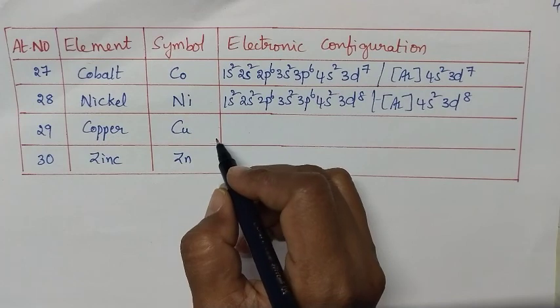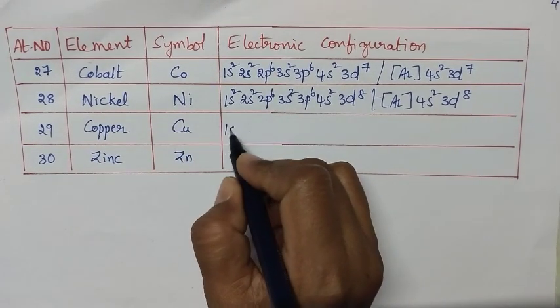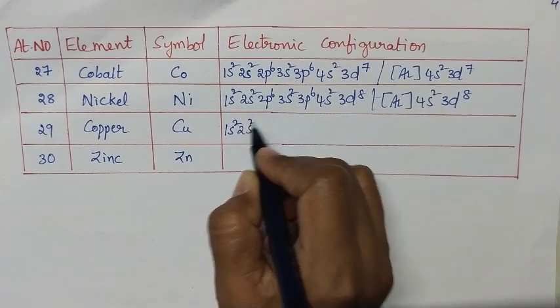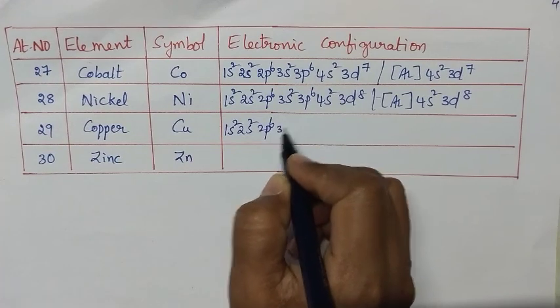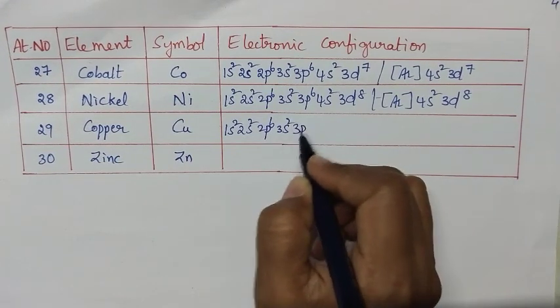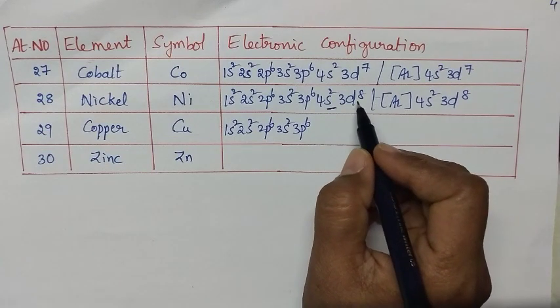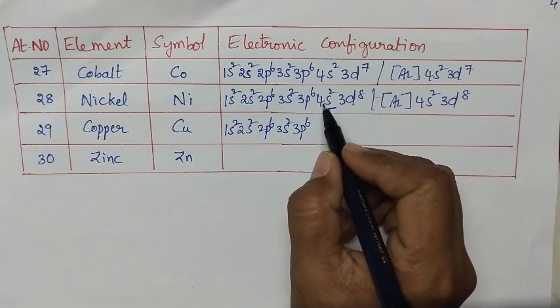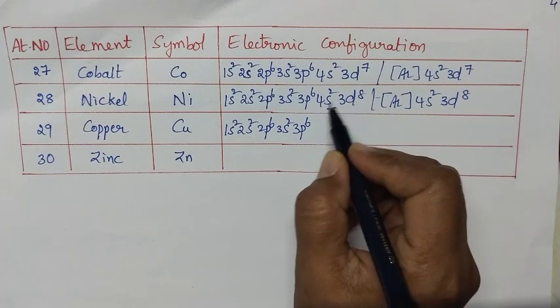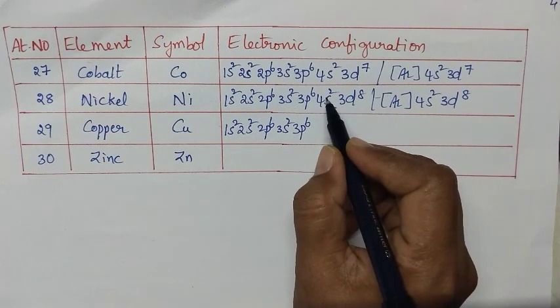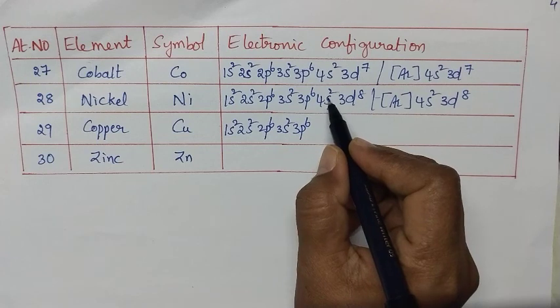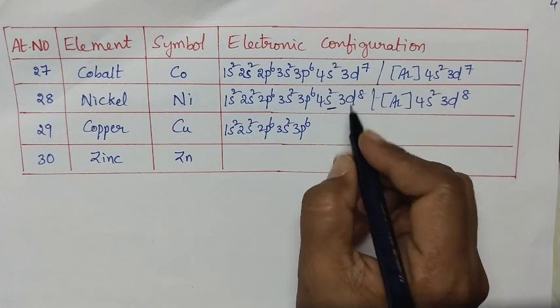Coming to the copper, its configuration is 1s2, 2s2, 2p6, 3s2, 3p6. Here also, if the electron enters into the d orbital, we will get 3d9 configuration. And 4s and 3d are almost having the similar energy. So, one electron jumps from 4s orbital to 3d orbital.